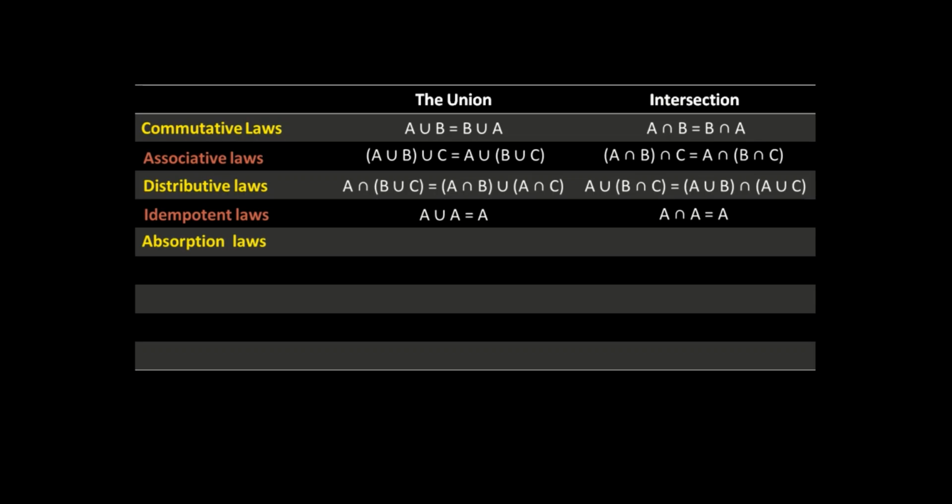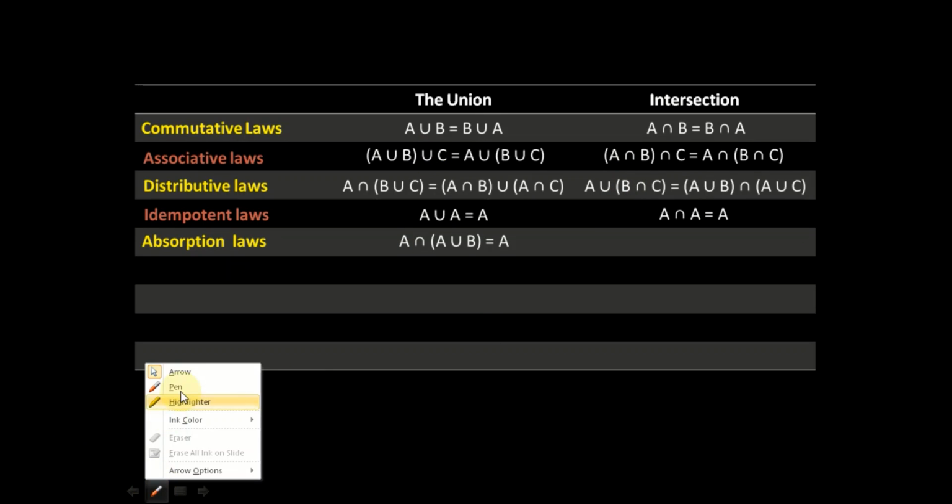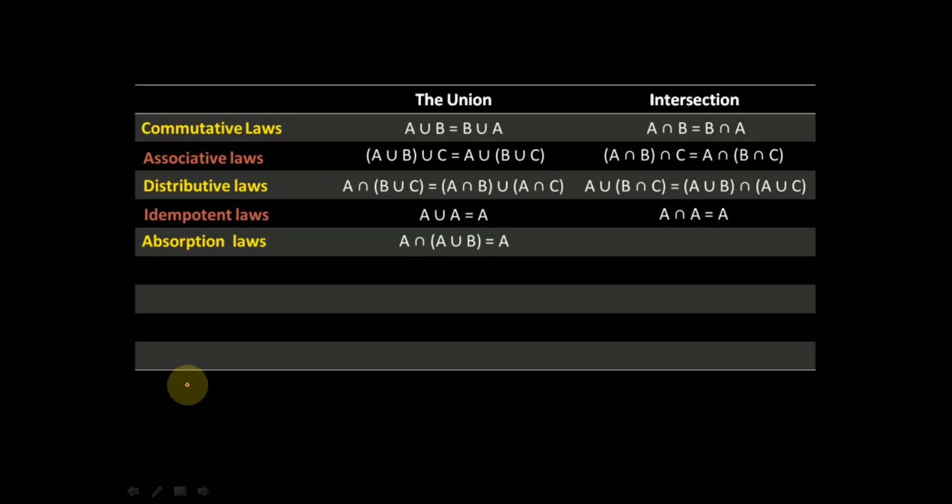Okay. Now the absorption laws. Under the union column, we have the intersection of A and the union of A and B, which is equivalent to A. Alright, let's try to explain this one better.